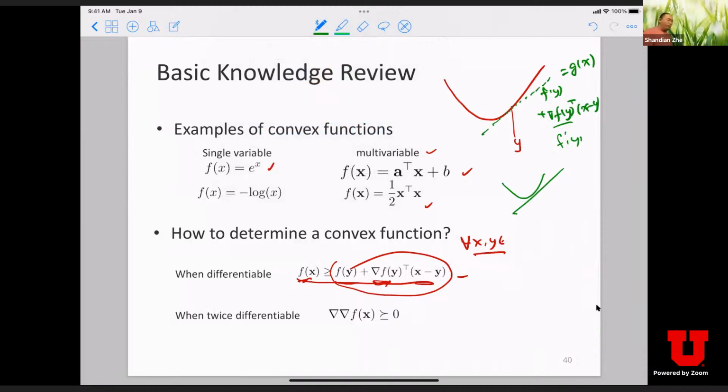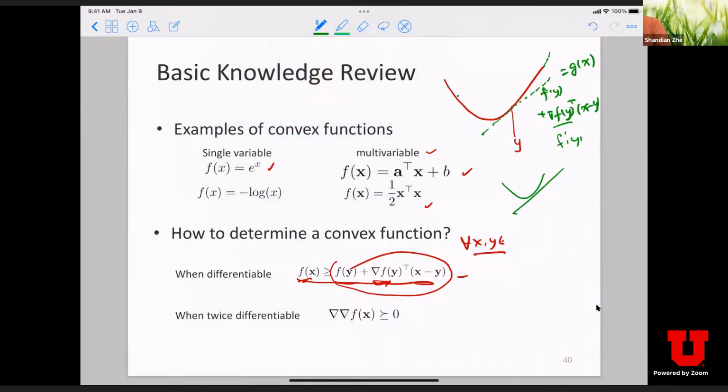So what does this result tell us? This result tells us that for arbitrary x, your function value is no less than the value at the tangent line. In other words, the whole convex function body is above any of its tangent lines. That's a very nice property, right?